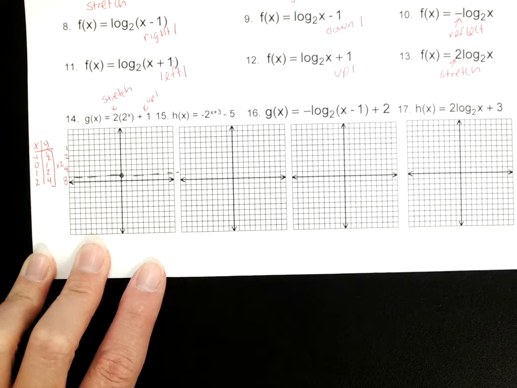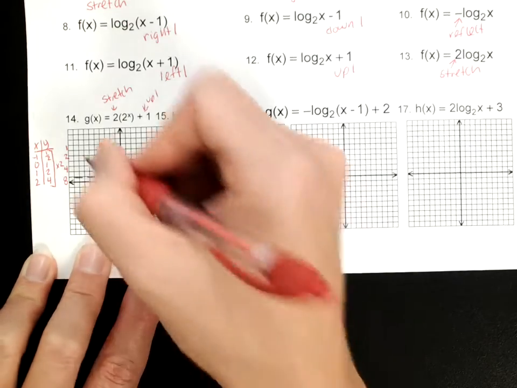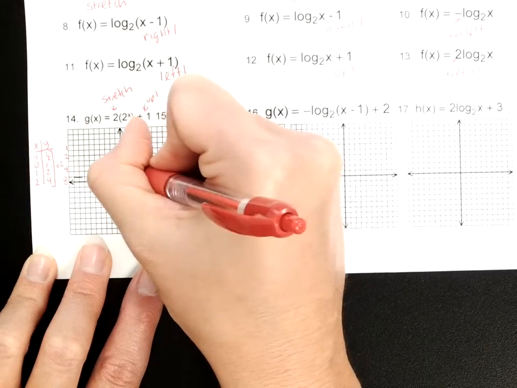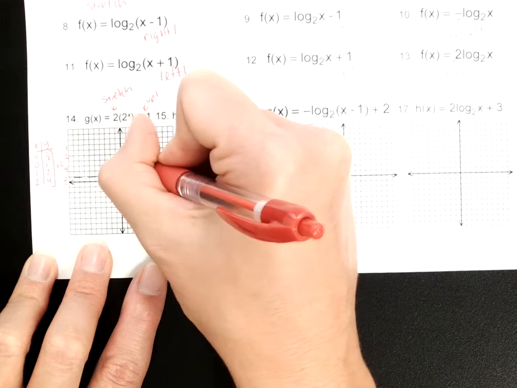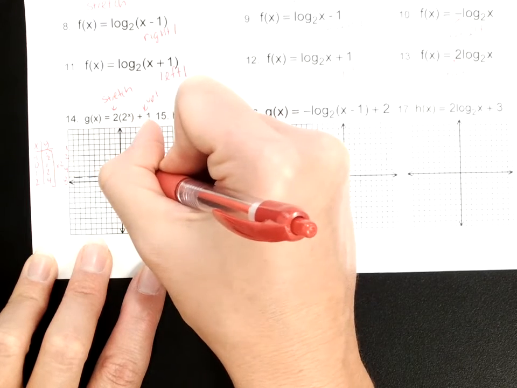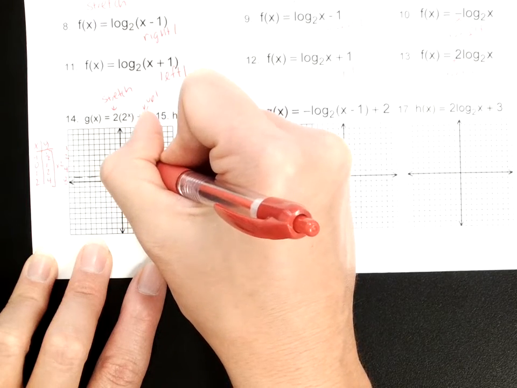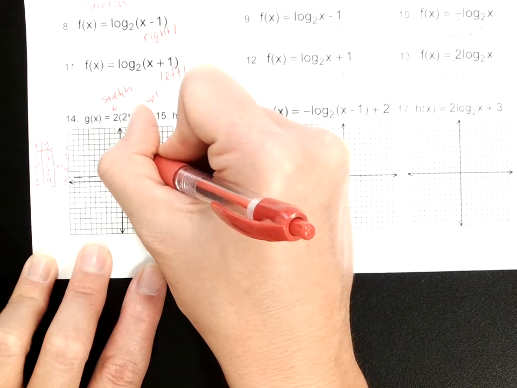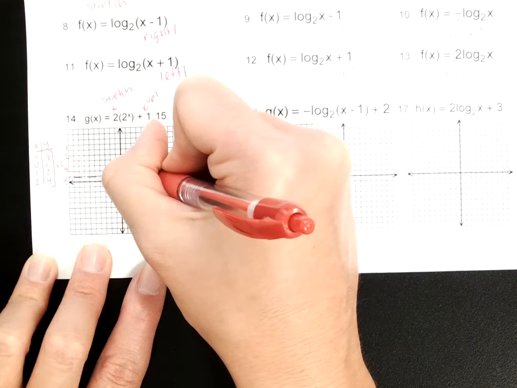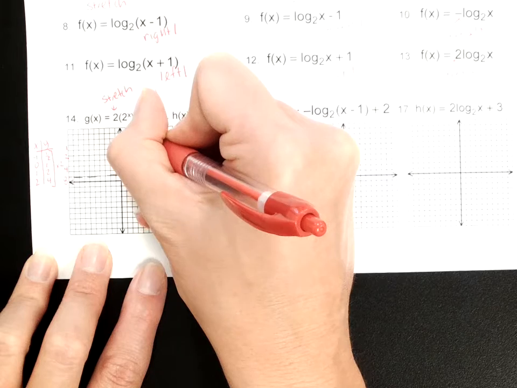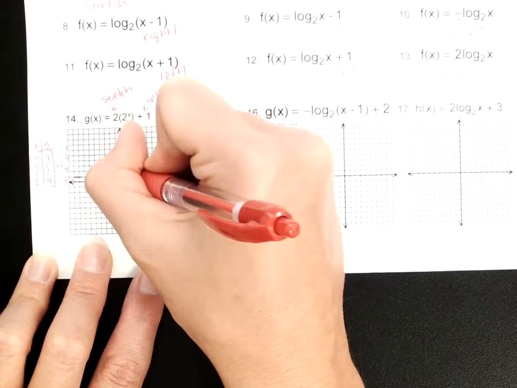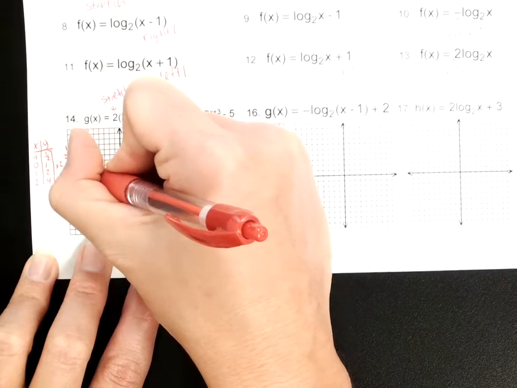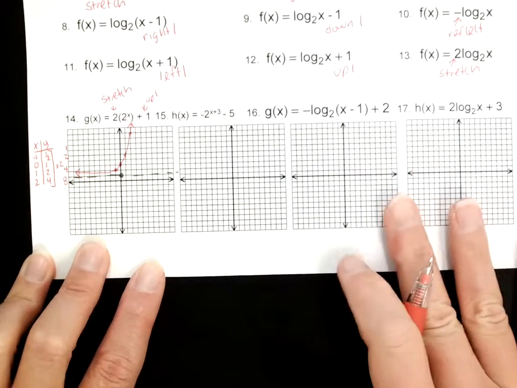From there, I can plot my new points. It's going to be (-1, 1) because it's stretched, (0, 2) because of the stretch again, (1, 4), and (2, 8). This one's going to be even steeper than normal, and then continue on infinitely.